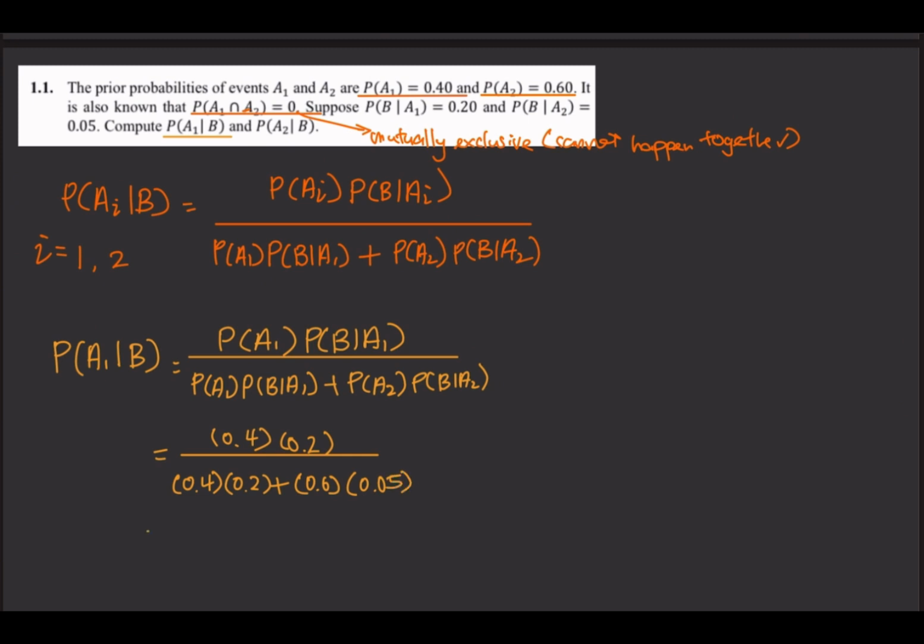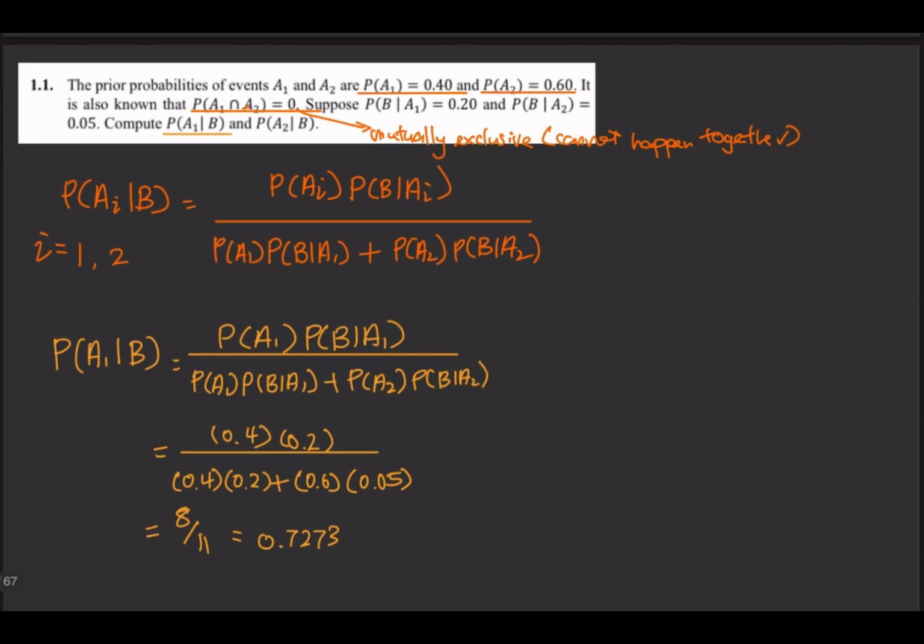And all you have to do is to input that into the calculator, and what you will get is 8/11, which is also equal to 0.7273 approximately.